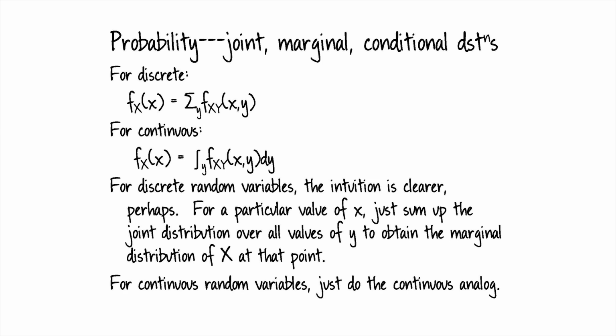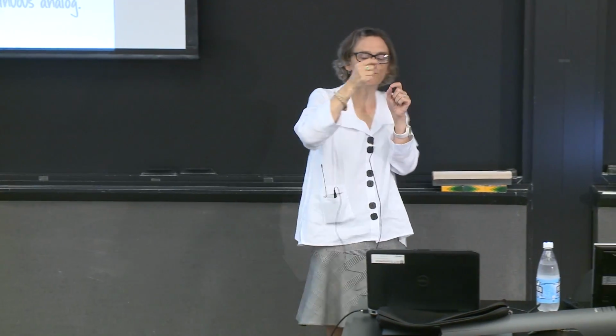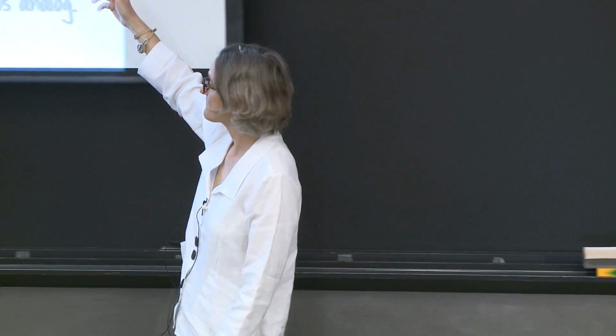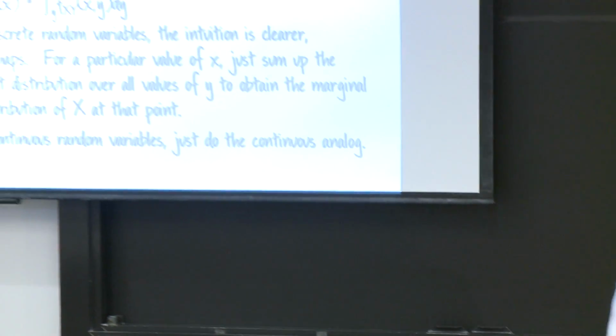So if we want to know the probability that a random variable x is equal to little x, we want to sum up, from the joint distribution, the probabilities of all the pairs for any possible value of y. The sum of those probabilities gives us the marginal or individual probability for x. And then for continuous random variables, we just do the continuous analog of that.